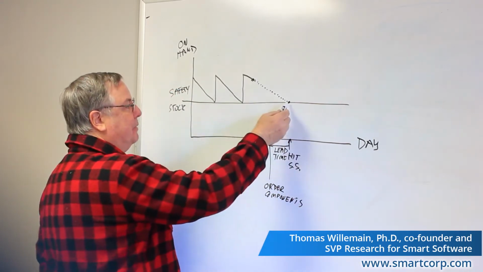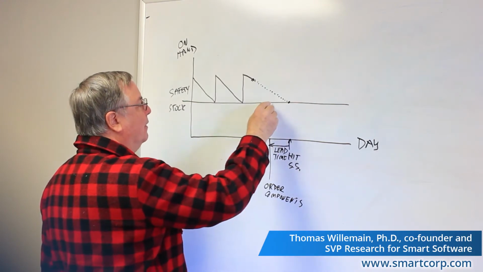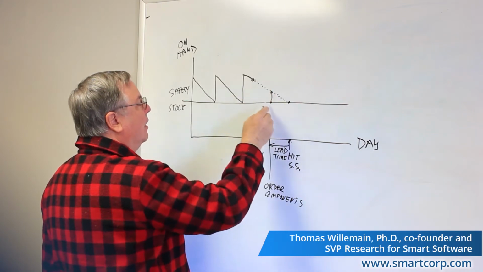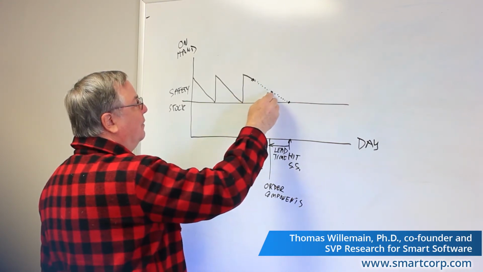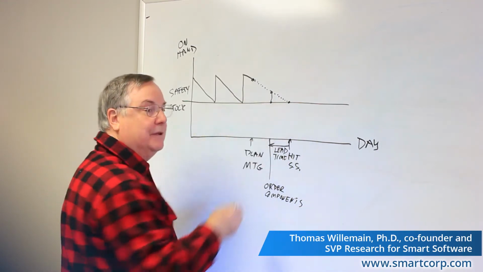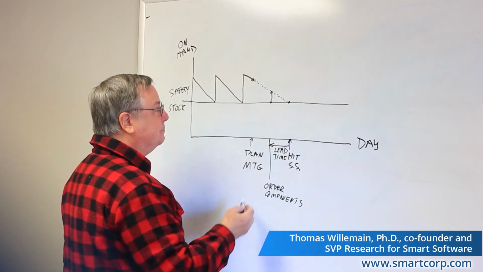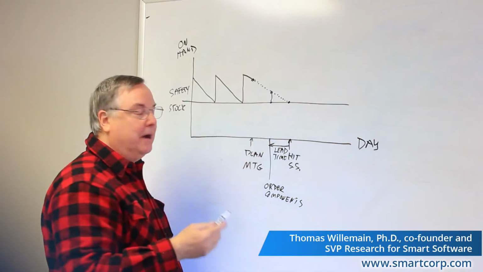So we predict when we'll hit the safety stock, we walk back to find when we should order, which would be right here. And at that point, our inventory will have hit this level. We're going to expect a further drop in the inventory during the time when we're waiting for the replenishment.